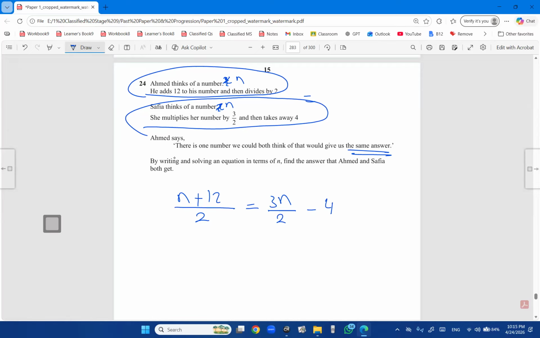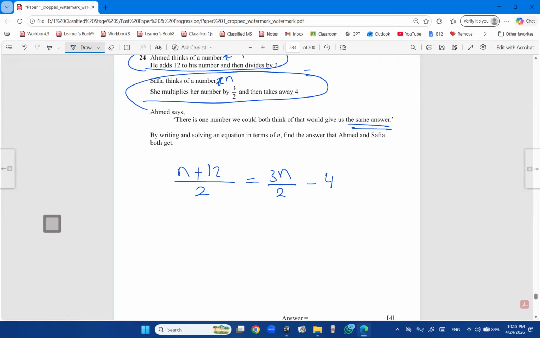All right. How can I find the value of n this way? In order to find the value of n, first we need to separate the n's from the constants. So this shows that it is n over 2 plus 12 over 2, which is just a 6, equals 3n over 2 minus 4.